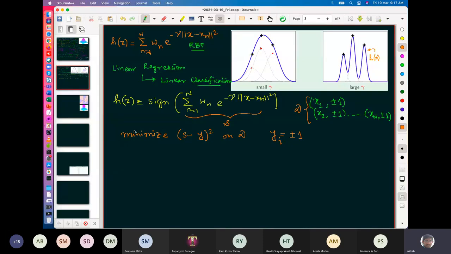Then finally, when I minimize this, my final solution would be: I will take h(x) equal to sign of s, where s minimizes the error. And s is nothing but a function of all the w's that I am learning.